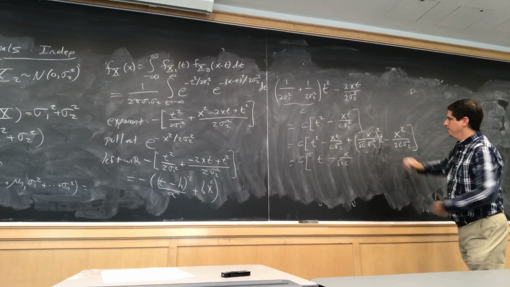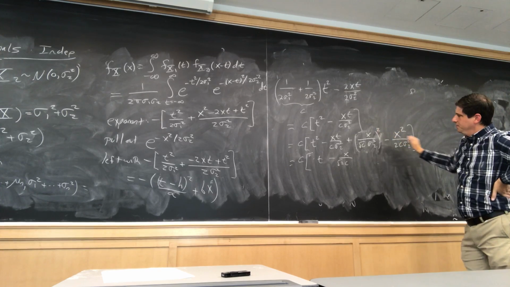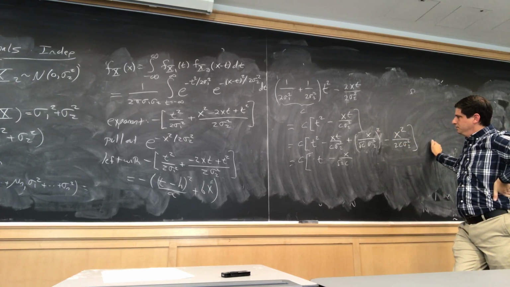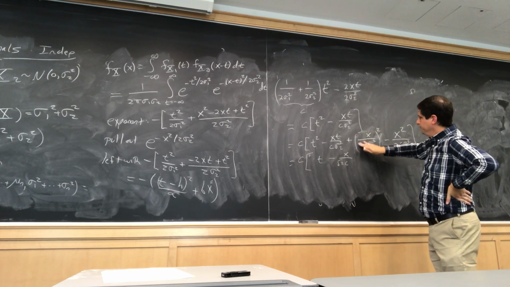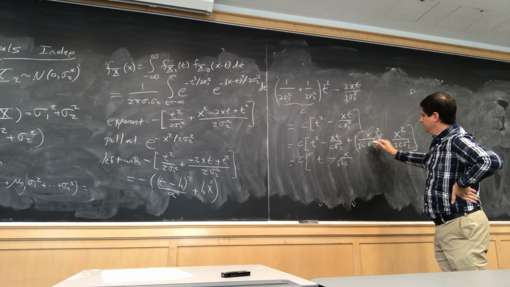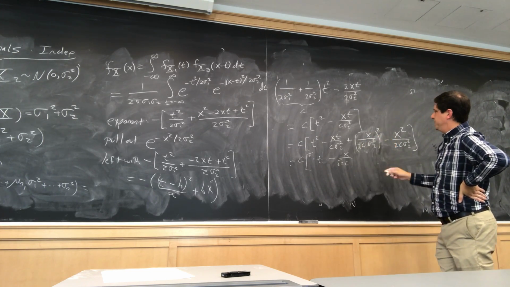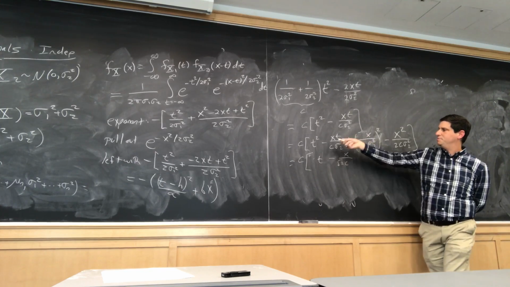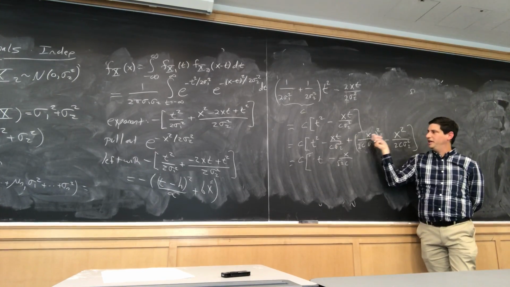Then we give an x. Because that's what I want. Because now when I multiply this by t, I'll get xt over c.